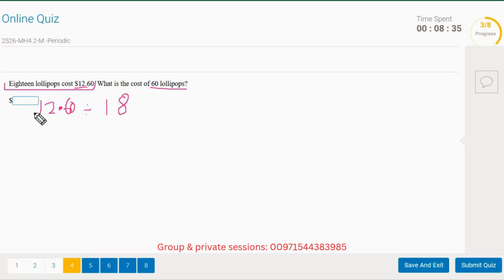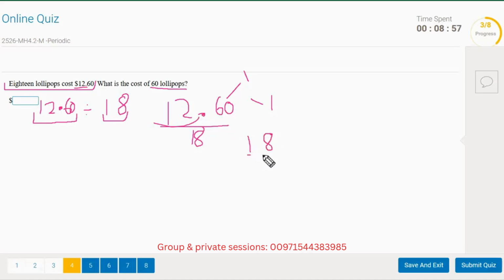Why? Because I want to find out how much one lollipop costs. So 1260, and 18 lollipops is at the bottom. So 1260 divided by 18, and then you have to cut it into parts, right? That's what you will get when you divide them.